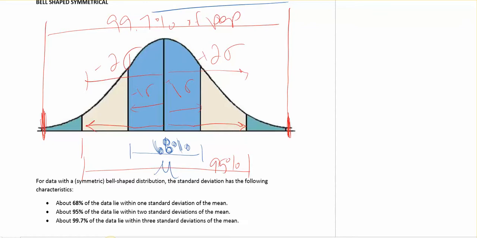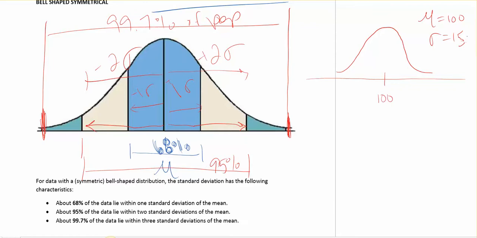All right. My general example for this is always IQ scores because the numbers are easy to play with. Typically, IQ scores are set up so that they have this bell-shaped distribution with a mean of 100 and a standard deviation of 15. So a mean of 100, standard deviation of 15.